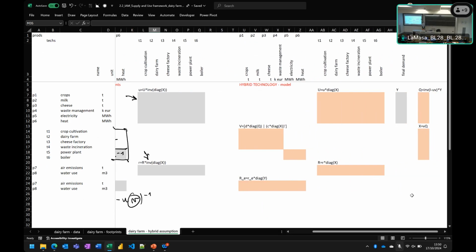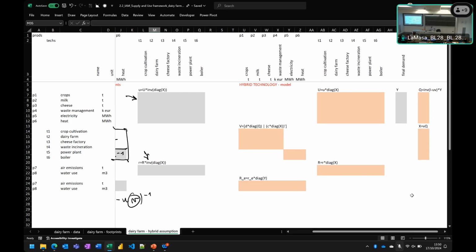So the Leontief production model, the technology assumption, here there is a hybrid technology assumption. You see that U and inverse of C are substituted with small v. And once these are calculated, then you can calculate all the other quantities. We can calculate big U, big R, big footprints, and also the make matrix.